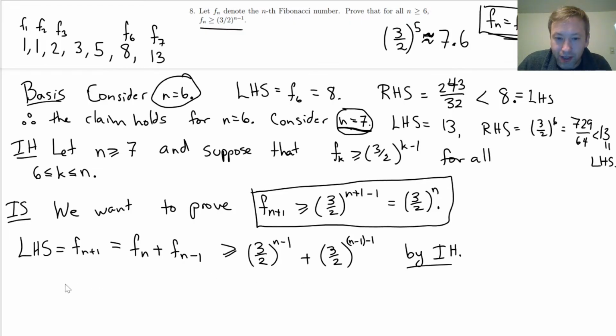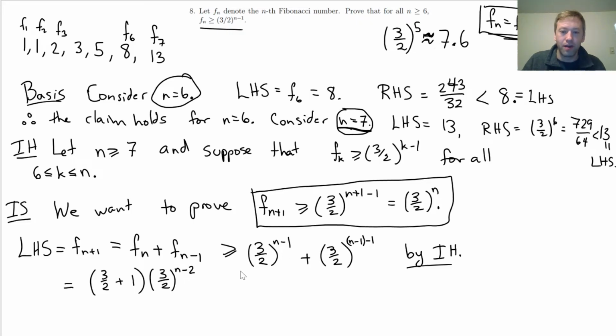So I'm going to factor out, so both of these terms have a 3 over 2 to the n minus 2 in them. And when I factor that out, from the first term I'm left with a 3 over 2. From the second I have a 1. So all I've done is factor this out from both terms.